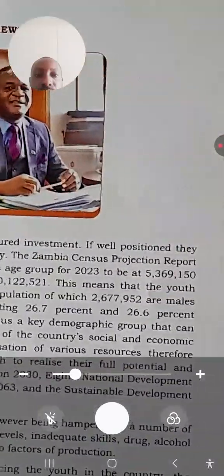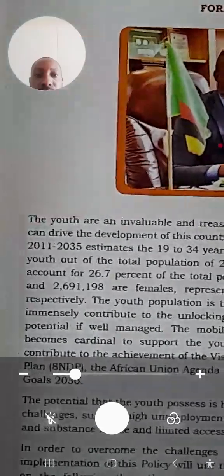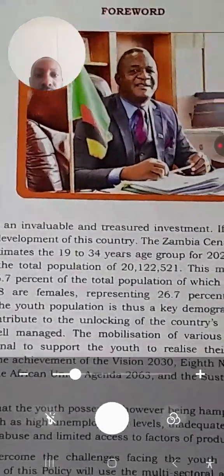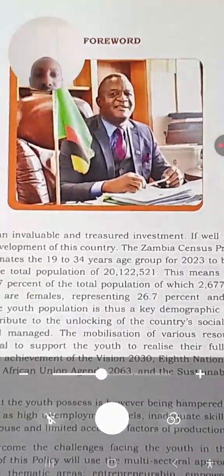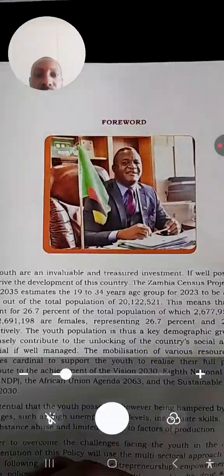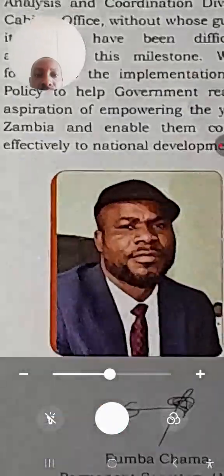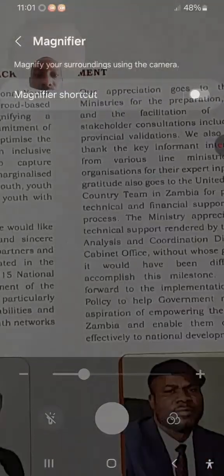If well positioned, they can drive the development of this country. Okay, so this is good for reading. Okay, that's Mr. Elvis in Kandu, MP. Okay, so this is how this magnifier works.